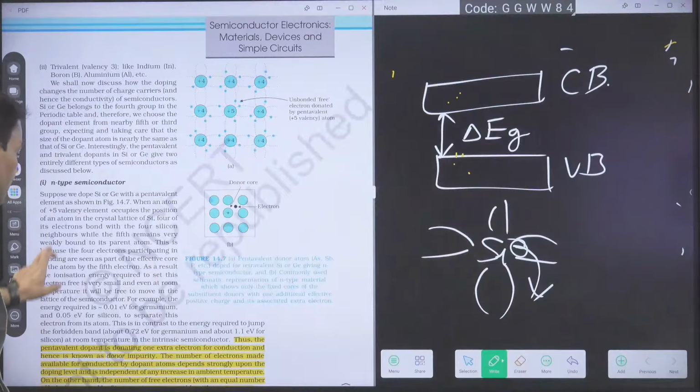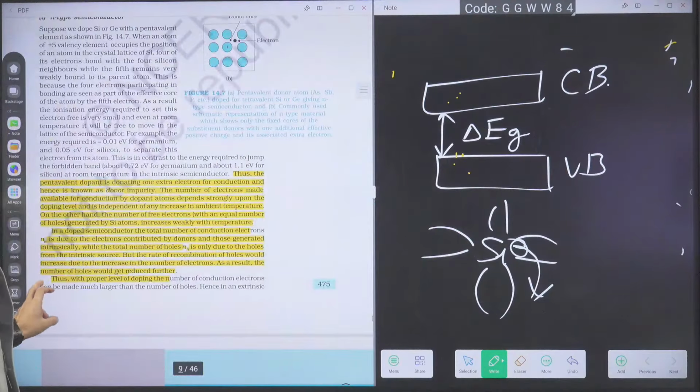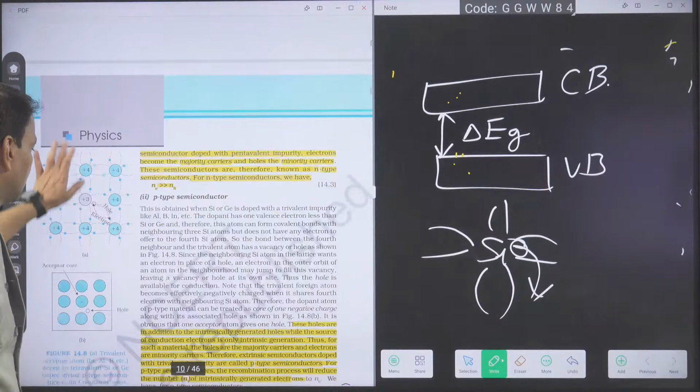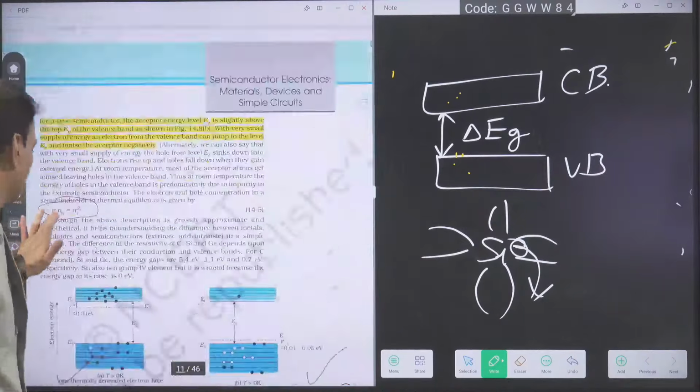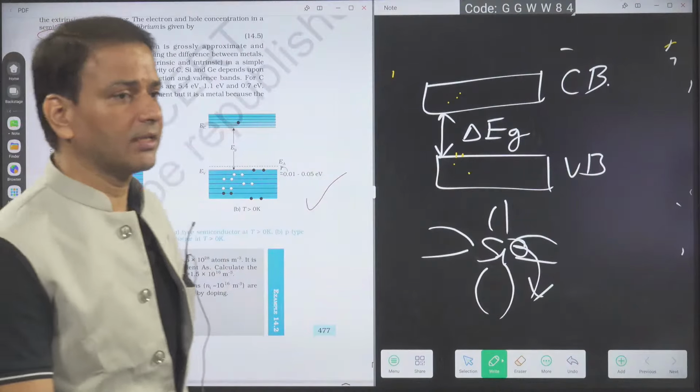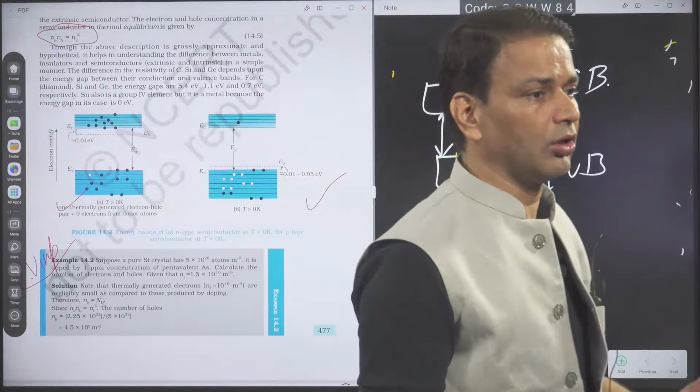Now, in an n-type semiconductor, pentavalent doping donates 1 extra electron for conduction and is known as a donor impurity. So here you can see, in the n-type semiconductor the majority is the electron. Why?